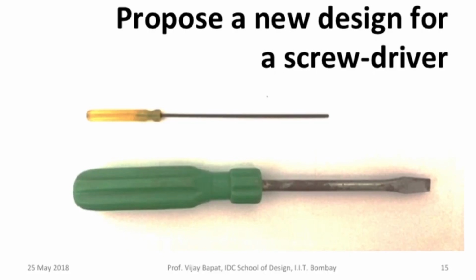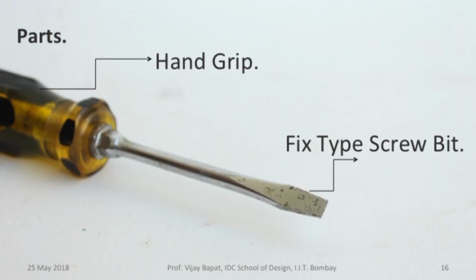So let's look at the screwdriver. Simple product, right? Now I want to innovate the screwdriver. Typical parts are a grip, a shank or the cylindrical portion in between, and a bit, the front end which gets fixed into the screw head so you can tighten or loosen the screw.